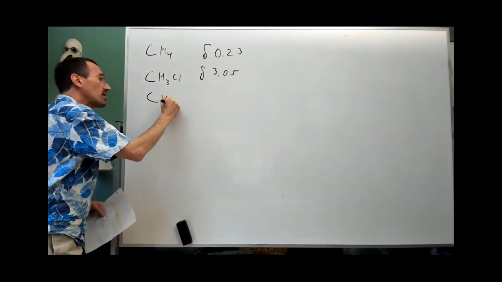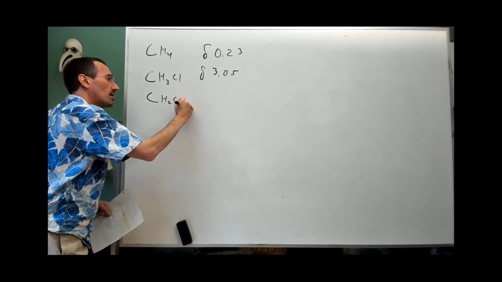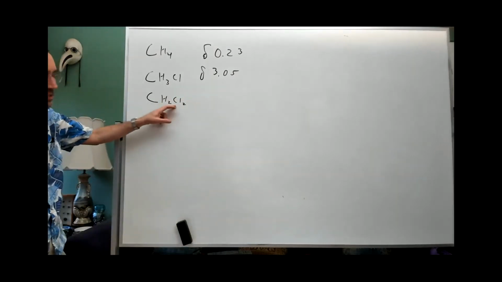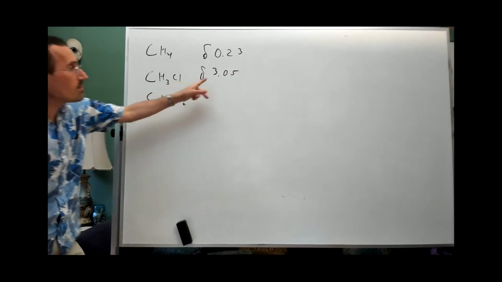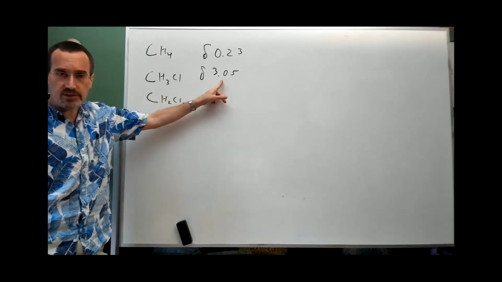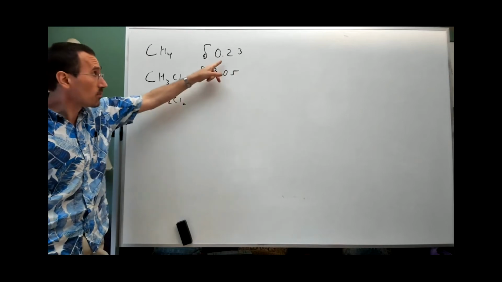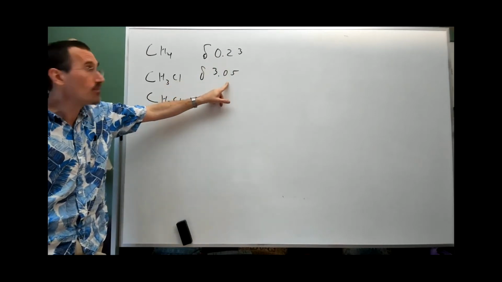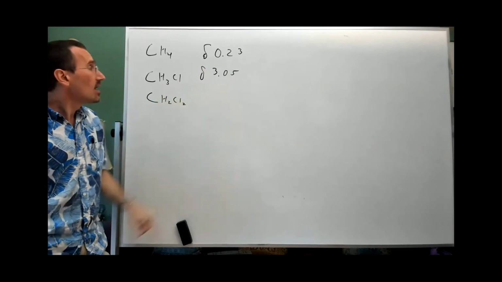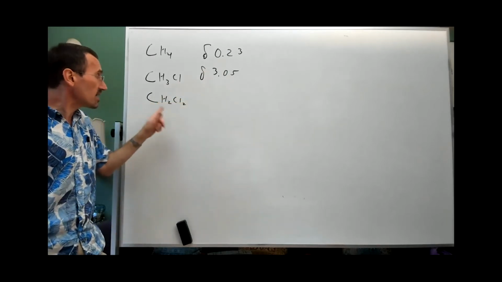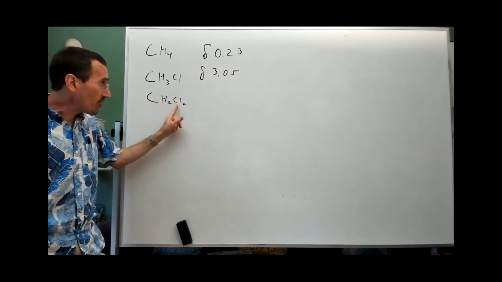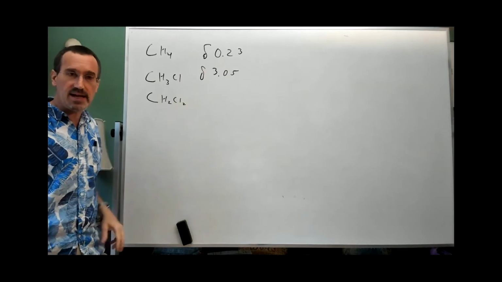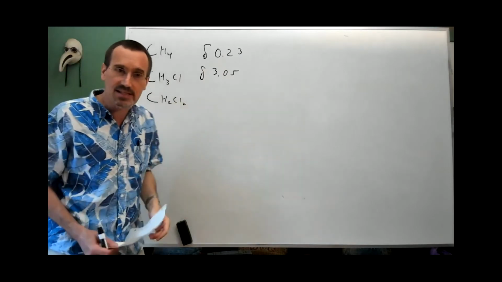Now, if we bring in a second chlorine, and this is where you can cultivate your intuition. So one chlorine's pulled away electron density a good bit. It's brought us from 0.23 to 3.05. If we add another chlorine, it's going to pull more electron density away, but there's less to give.